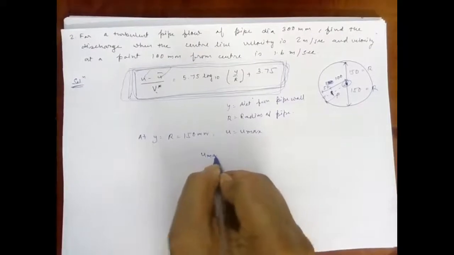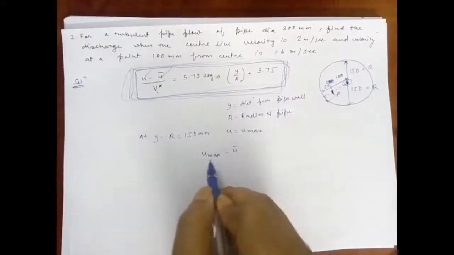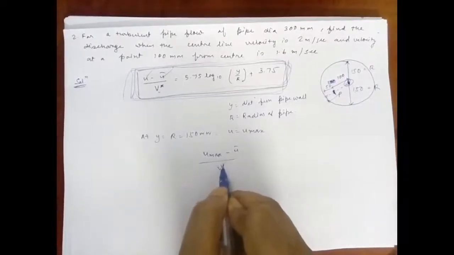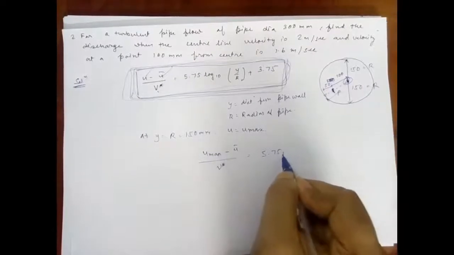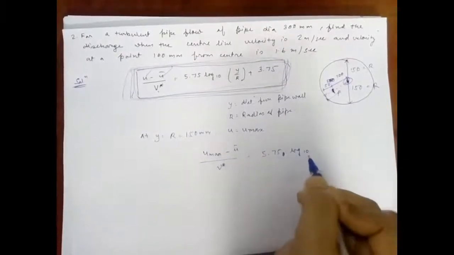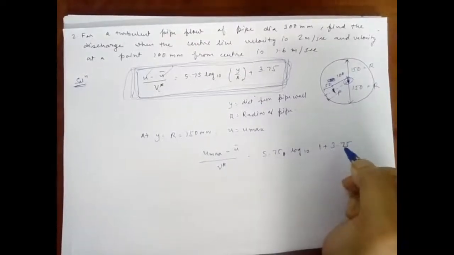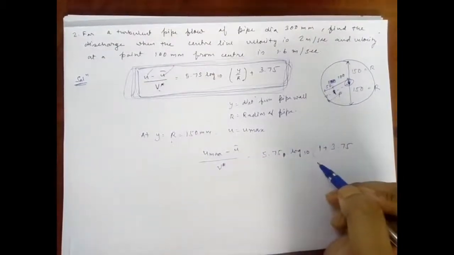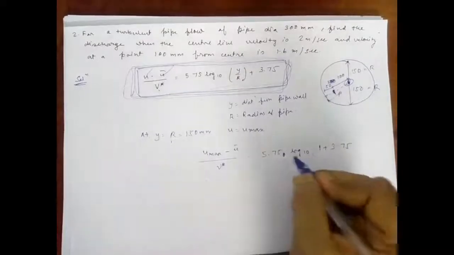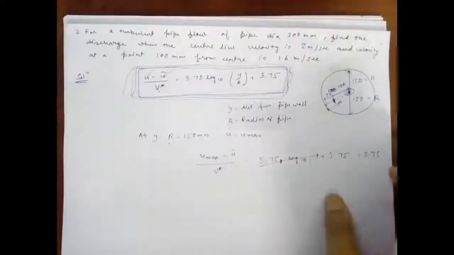So (u max minus u bar) upon v star is equal to 5.75 log10 of 1 plus 3.75. So putting y equal to R, this will be 1, and thus the log term will be eliminated. It is equal to 3.75.